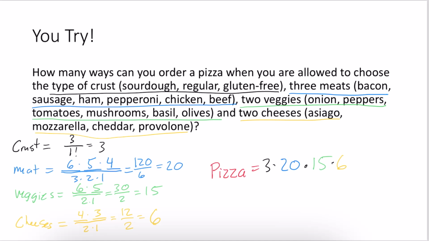And when you multiply all of these together, you end up with, let's see, 3 times 20 is 60, times 15 is 900, times 6 is 5,400. So there are 5,400 ways that you could order this pizza. And that's how you would do that problem.